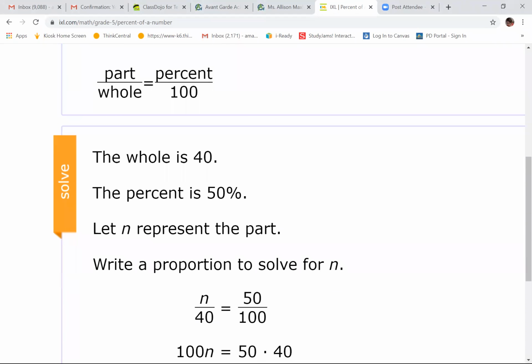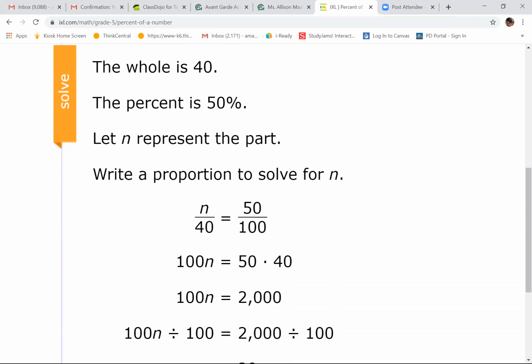If the whole is 40 and the percent is 50, ooh, look, they're using algebra. I love it. Let n represent the part. Look at this. They've got n. How many parts out of 40 equals 50 parts out of 100?